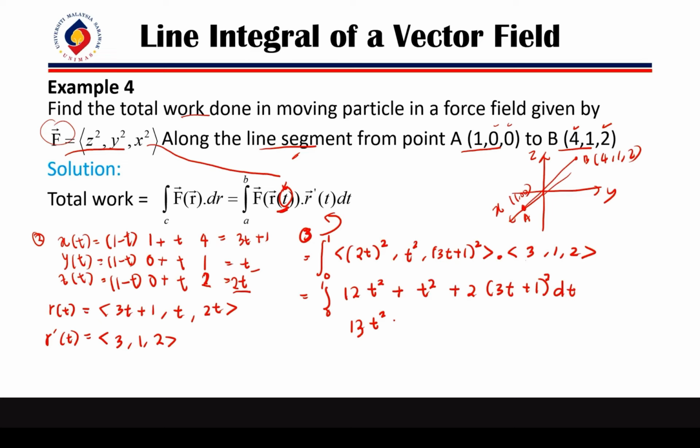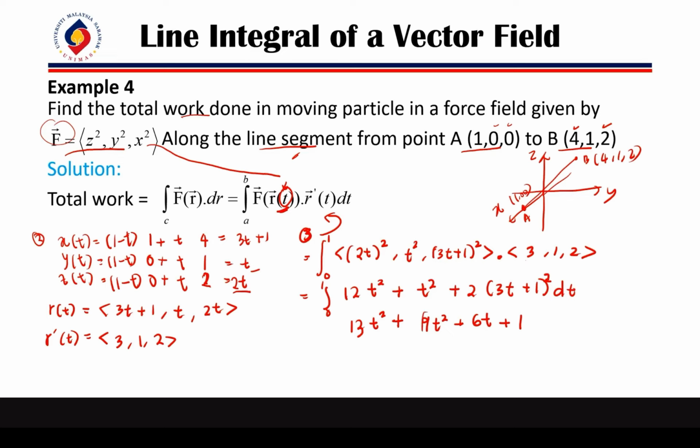We get 13t squared plus 3t times 3t is 9t squared, right? 9t squared plus 6t plus 1.